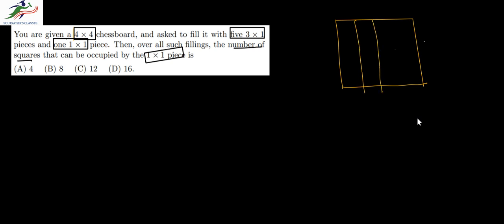The 3 by 1 pieces come here, and the empty one, which is the 1 by 1 square, comes here. So notice last time we had this one, now we have this one, so it can be repeated with all the 4 corner squares, and that's it.